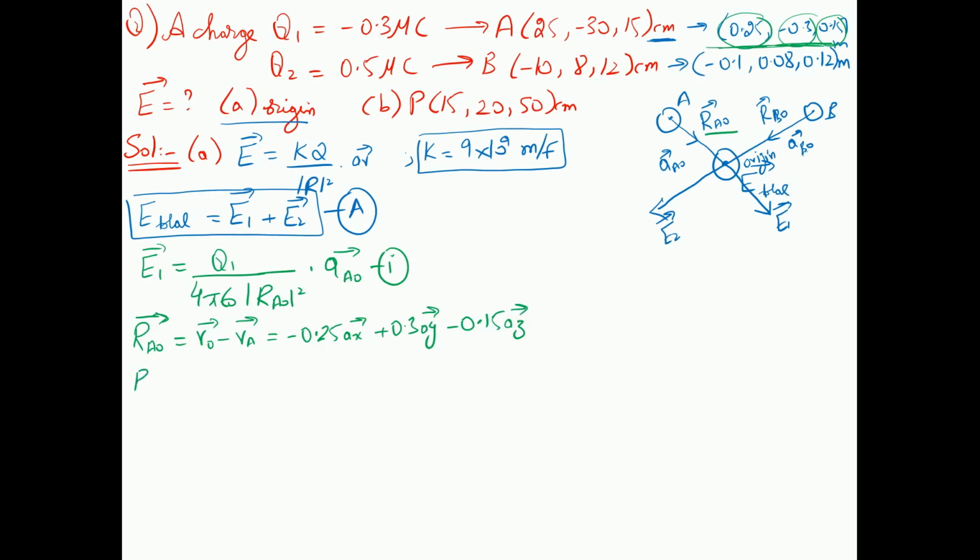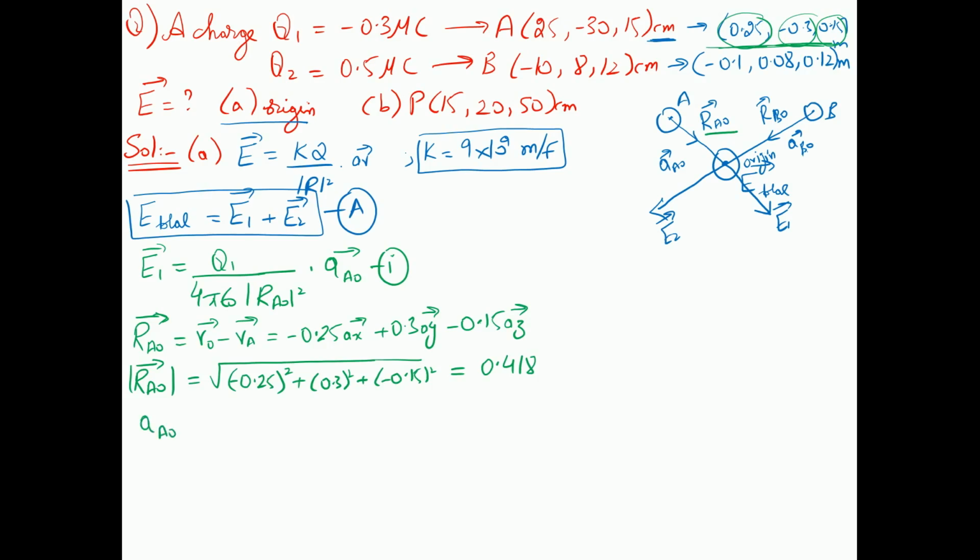Similarly, if I now take the magnitude of this, you take the square root of the squares of the scalar terms: negative 0.25 squared plus 0.3 squared plus negative 0.15 squared, and it comes out to be 0.418. So this means my unit vector is now complete.